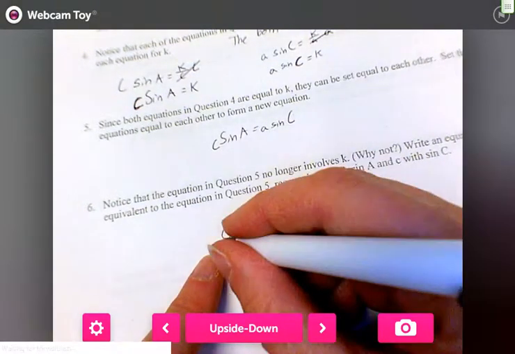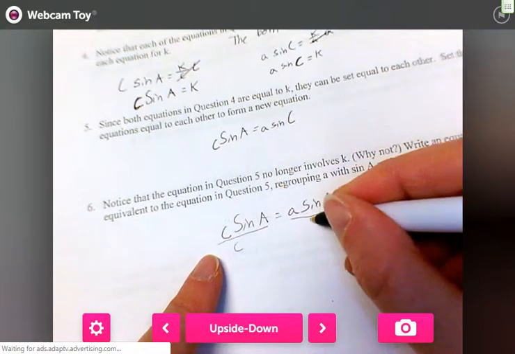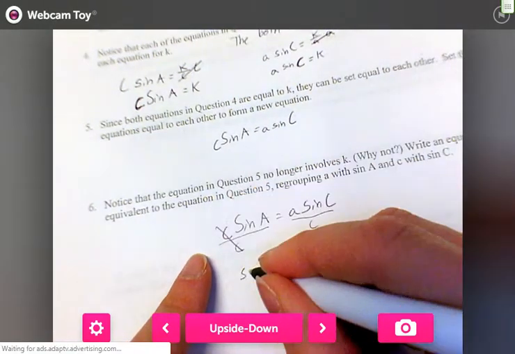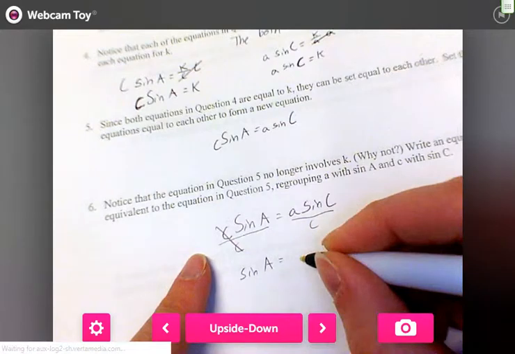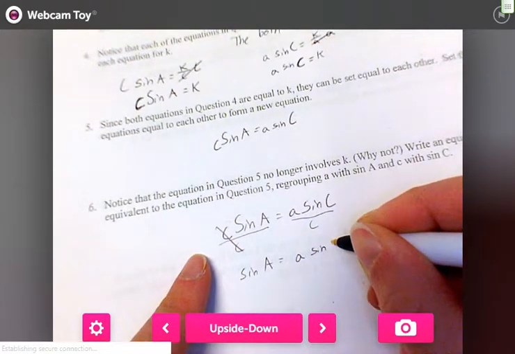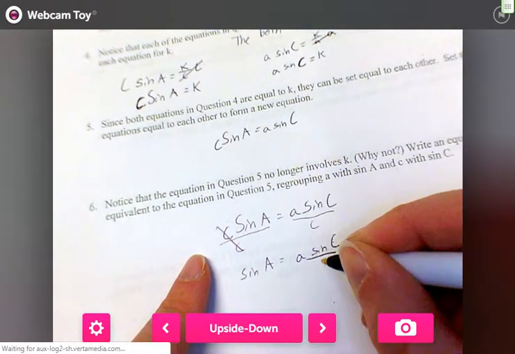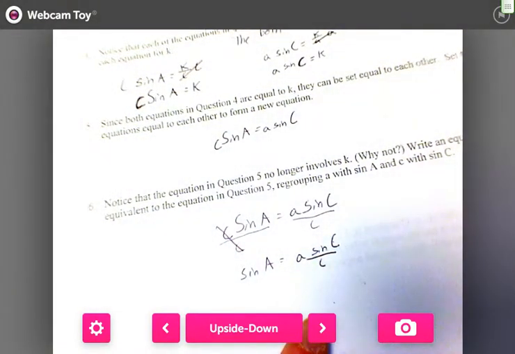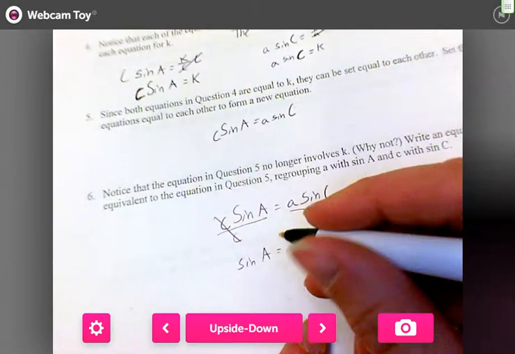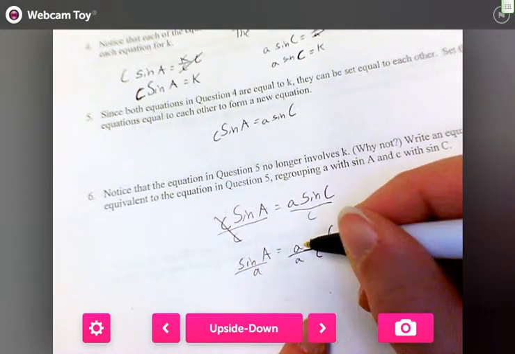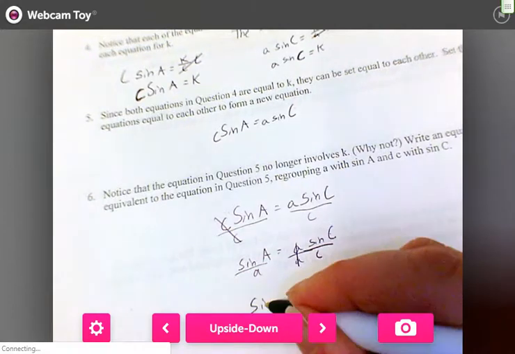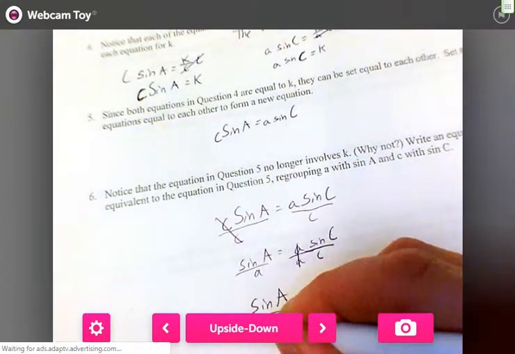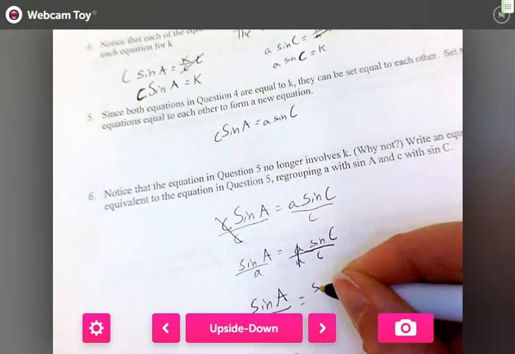So I can divide by little c, and they go away. And I'm left with sine A equals little a sine C over little c. So what is a doing to these? Is it being added, subtracted, multiplied, or divided? Multiplied. So what's the opposite of multiplication? Division. So we're going to divide both sides by little a. Those cancel out. And I'm just left with sine A over little a equals sine C over little c.